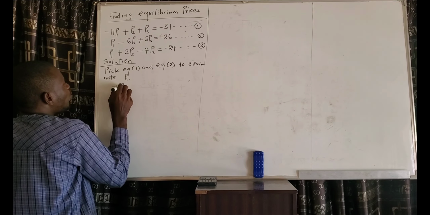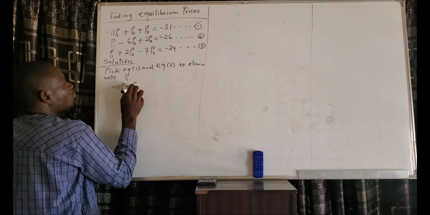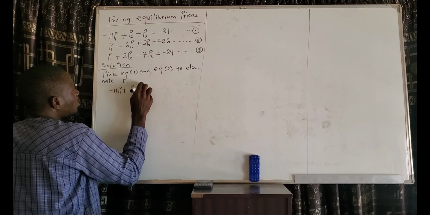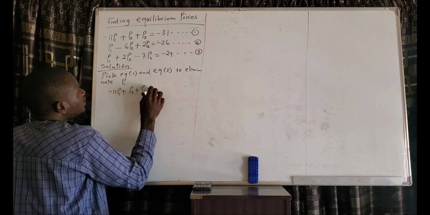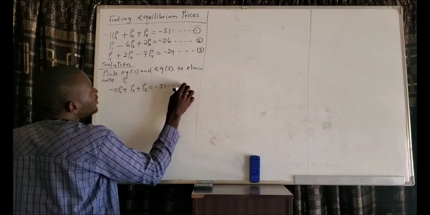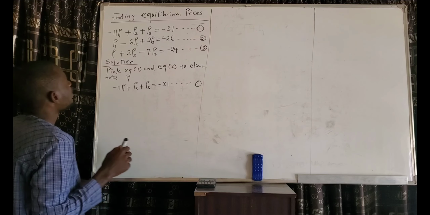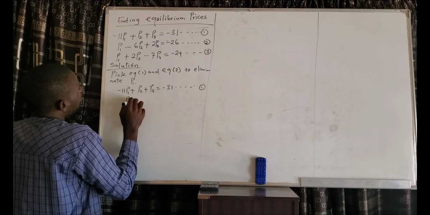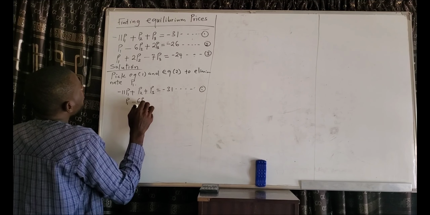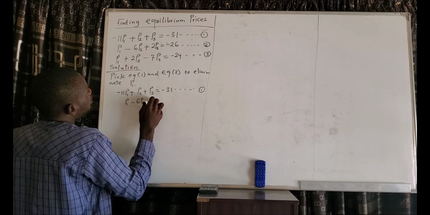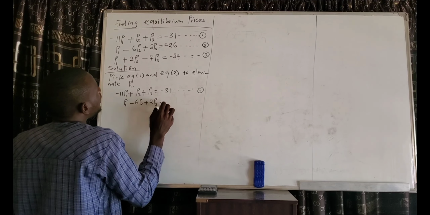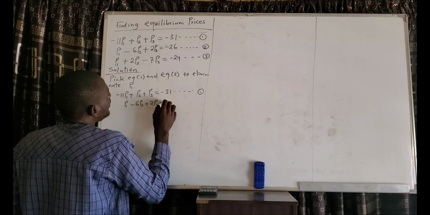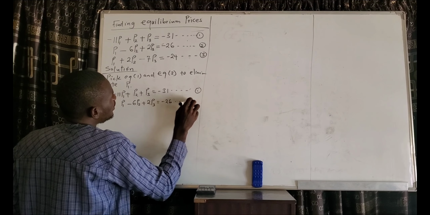Equation 2, you have P1 minus 6P2 plus 2P3 equal to negative 26.